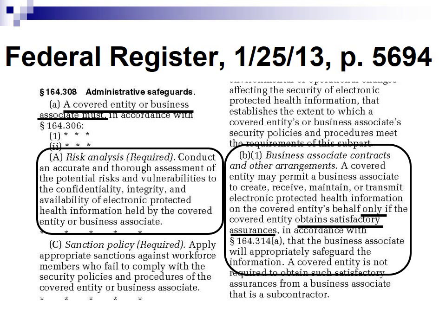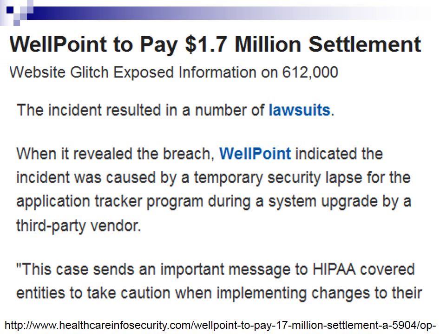A major industry problem is the attempts by many business associates to avoid their new obligations under the 2013 HIPAA changes. An example of a business associate breach is the release of over 600,000 WellPoint records by a network contractor. It cost WellPoint well over $1 million in fines and fees.